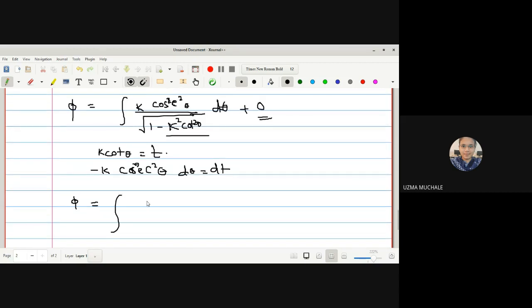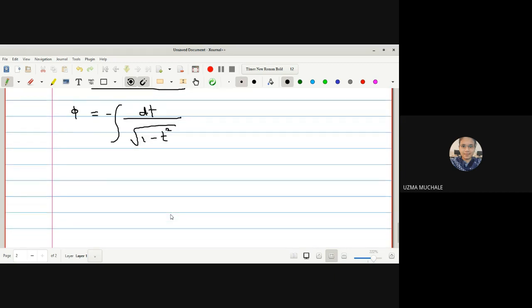Yes, ma'am. So this minus sign outside, k cosec square theta d theta, this term you will get here with a negative sign. This is nothing but minus dt divided by under root of 1 minus the value of this term, which is nothing but t, with the square, it is 1 minus t square, right? So now what is the integration of this term? I hope now you remember the integration.